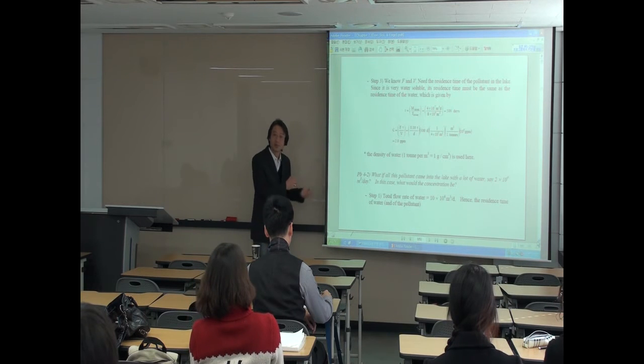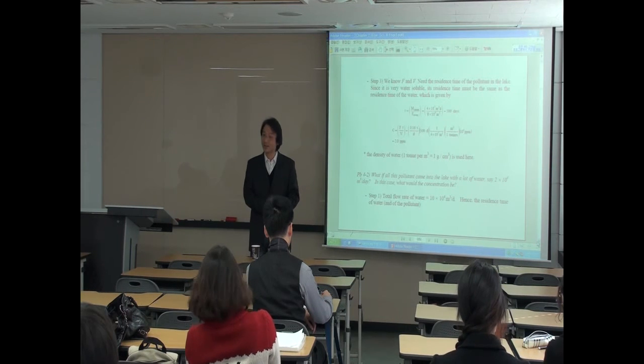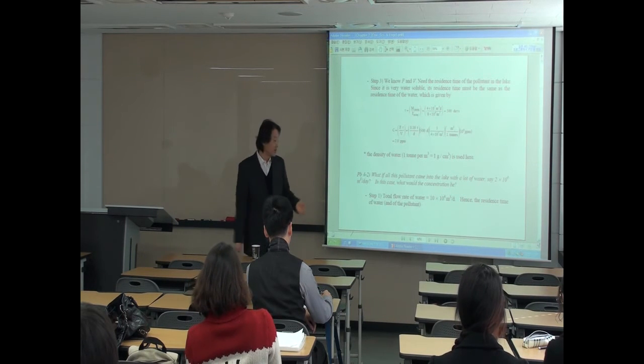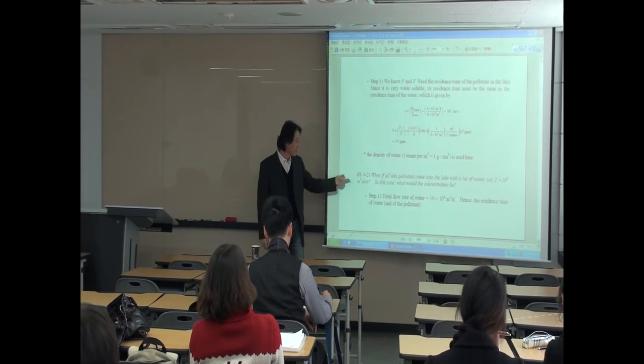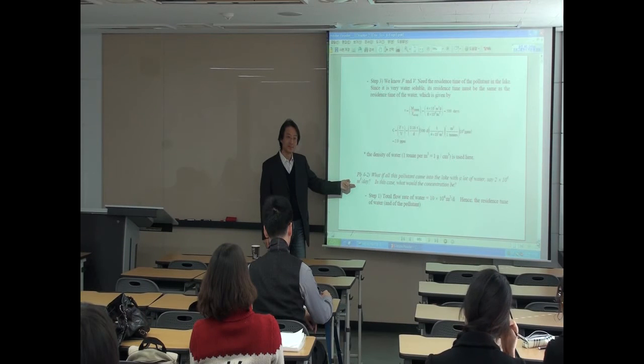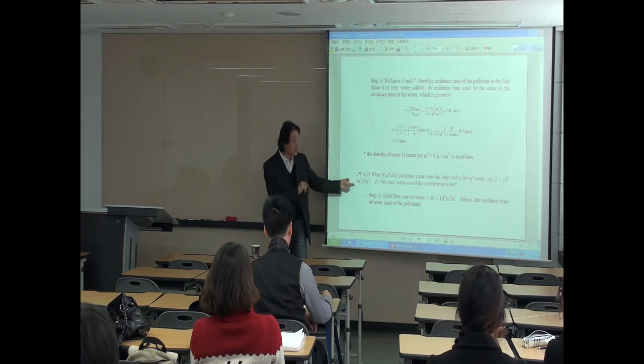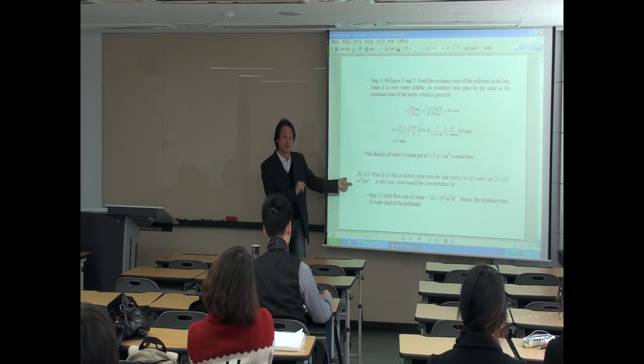Well, actually, this is the reason why you guys want to do some engineering, not the science. Think about that. How much is 10^4 cubic meter per day? It is around 10,000 tons per day.